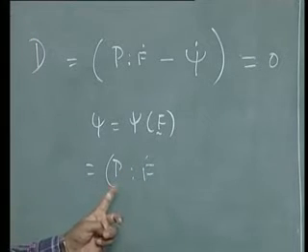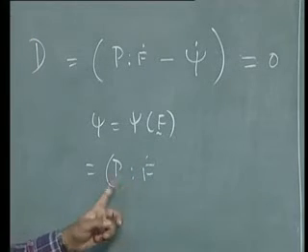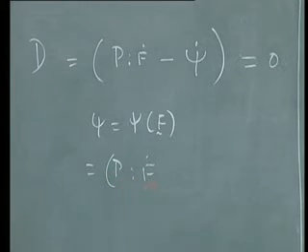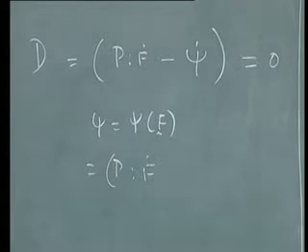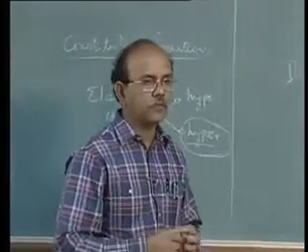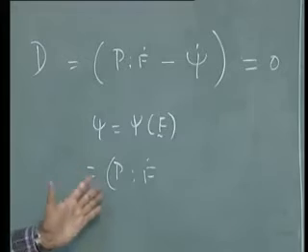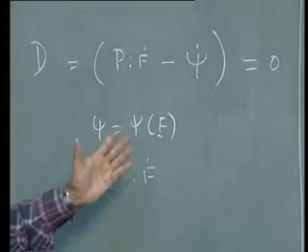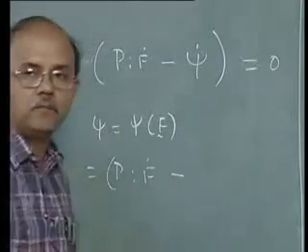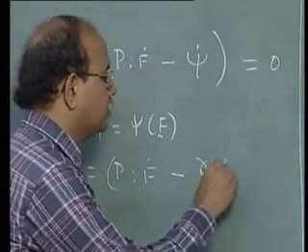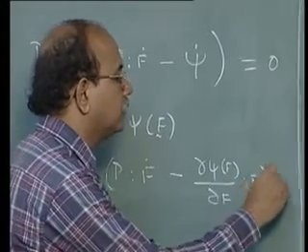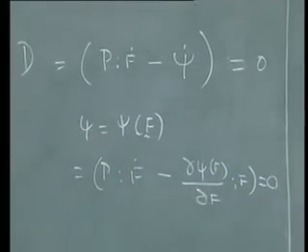I hope you know this is a contraction product, and P colon F dot is nothing but Pij Fij, and you can in fact write it in a matrix form also as trace of P transpose F dot and so on. So minus psi dot can be written, by chain rule, as dou psi by dou F colon F dot, equal to 0.